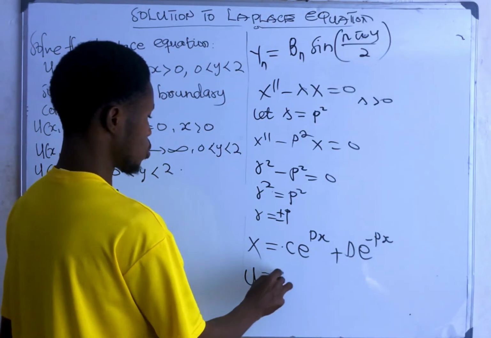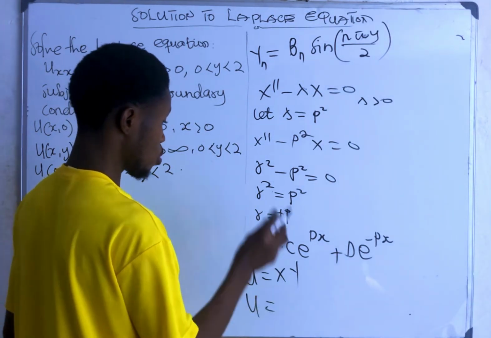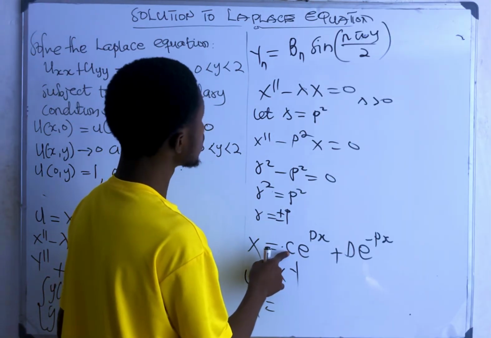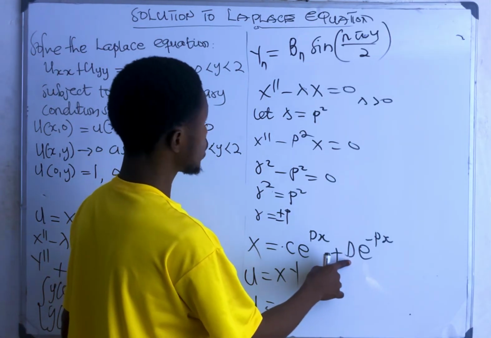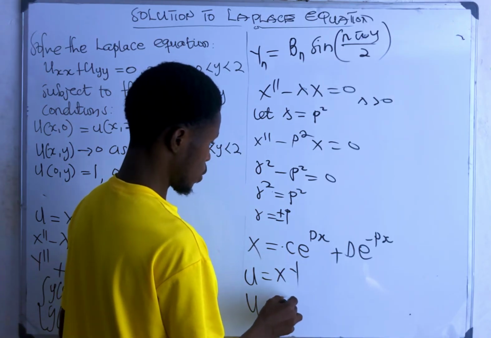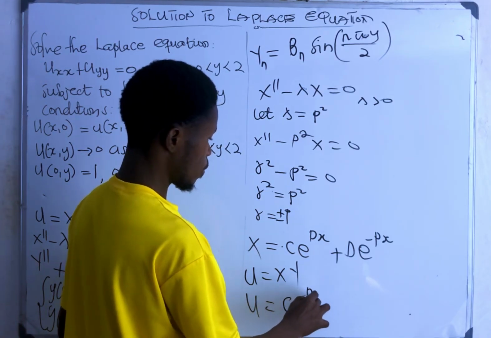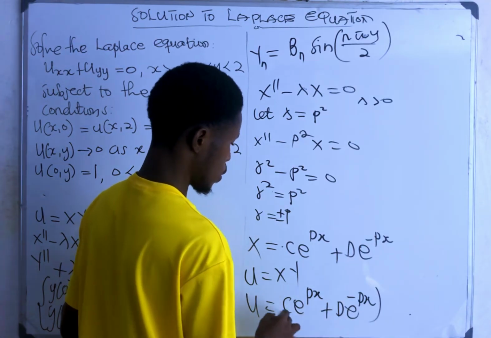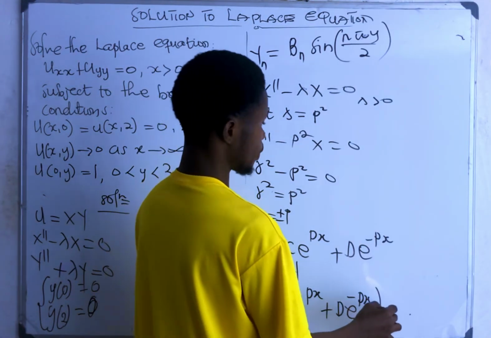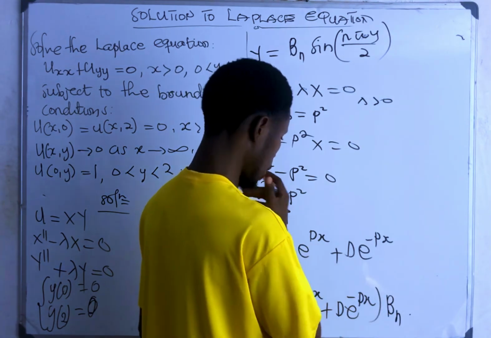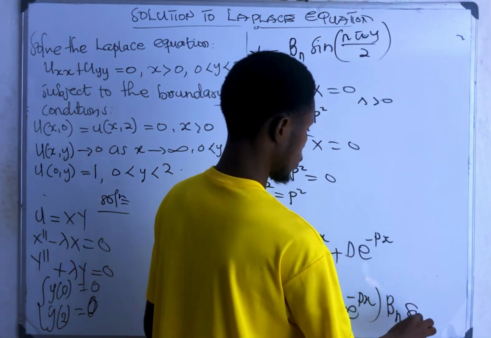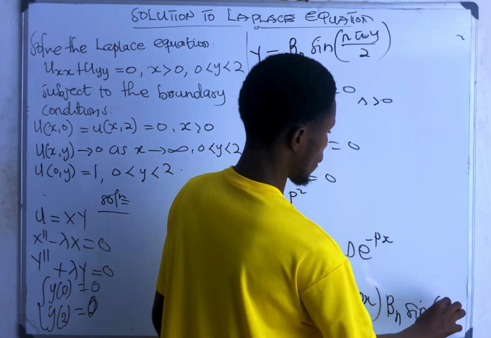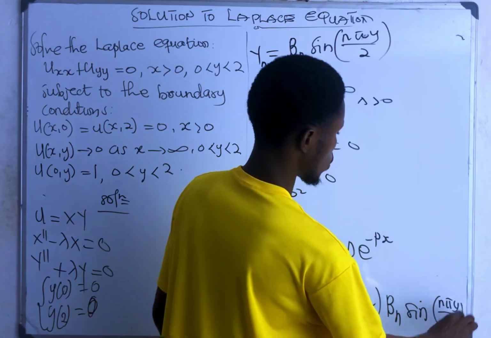You know that my u is equal to x and y. So my u will be equal to c e to the power px plus d e to the power negative px, and this one is multiplied by bn sine n pi y over 2.